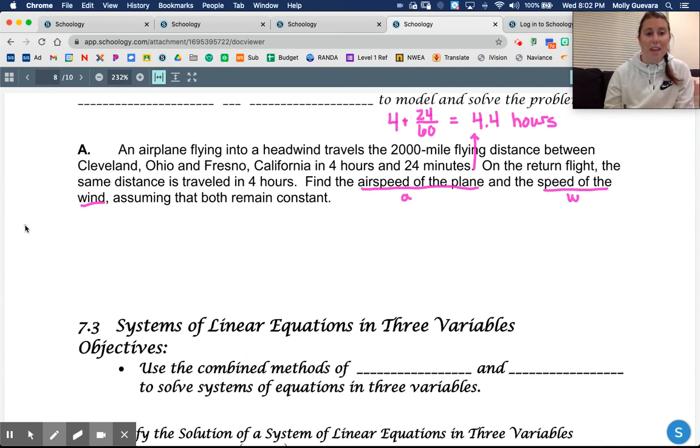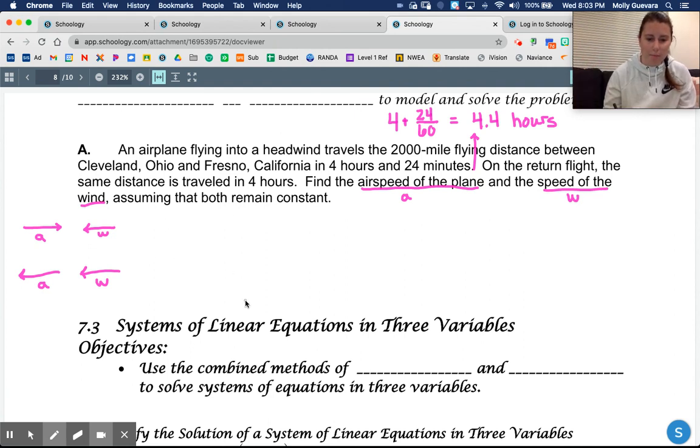So on the way there, the airspeed of the plane was going against the wind, right? So the wind was slowing the plane down. Hopefully that makes sense. And then on the way back, the airspeed of the plane was going with the wind. So it was helping it go faster, right?